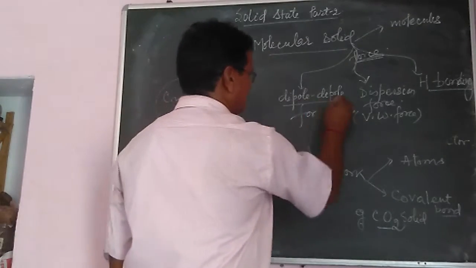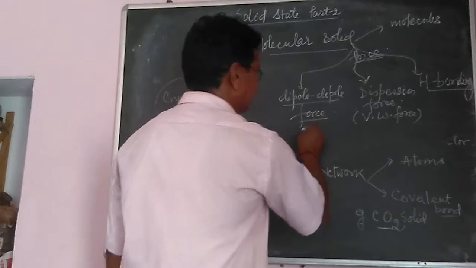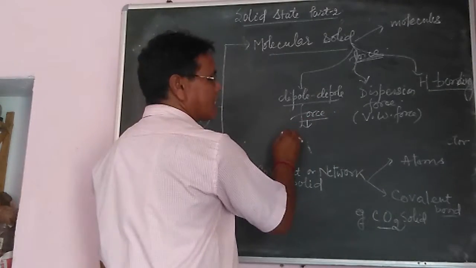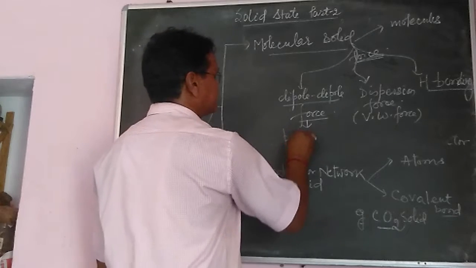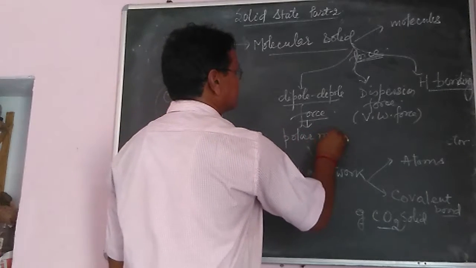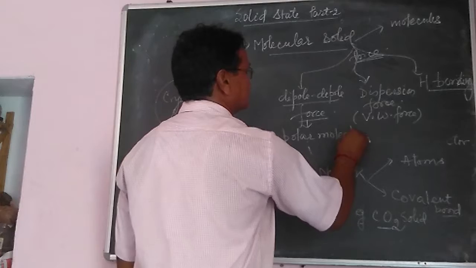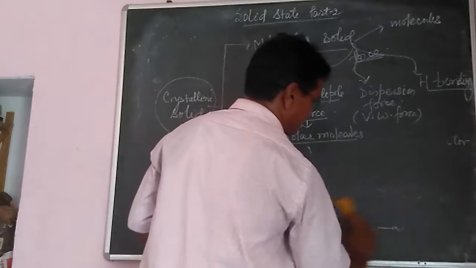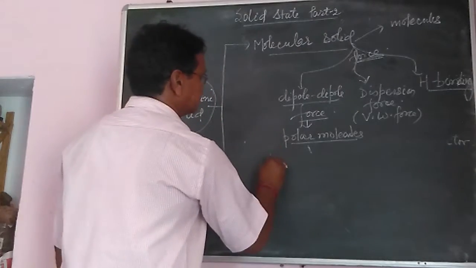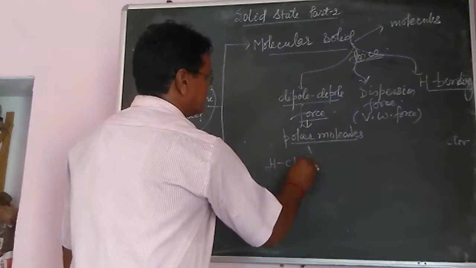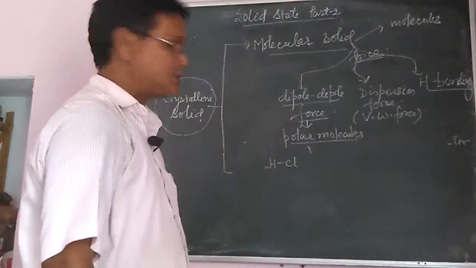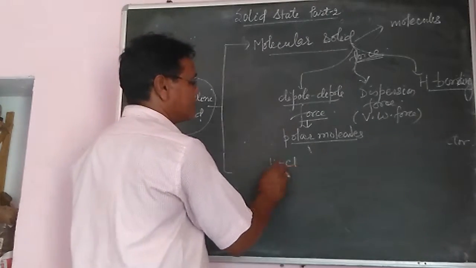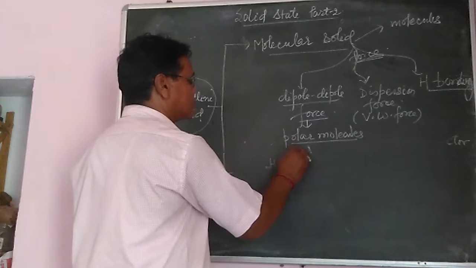In dipole force, we see what type of molecules will exist. That is dipolar molecules. It exists in polar molecules, such as HCl, suppose. A covalent bond exists between hydrogen and chlorine, but there is a polarity due to the difference in electronegativity.